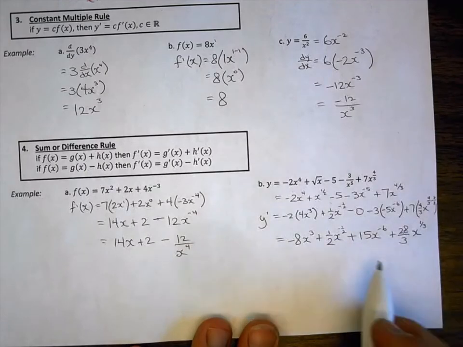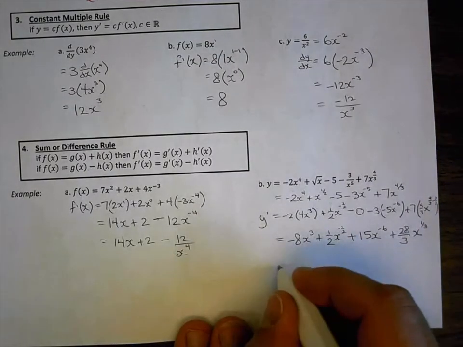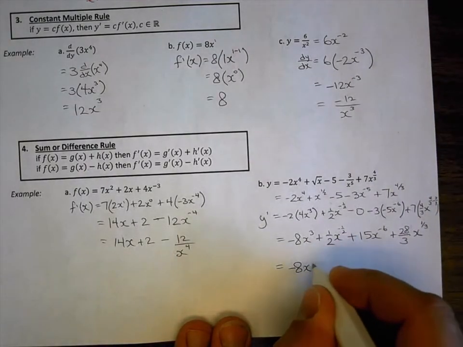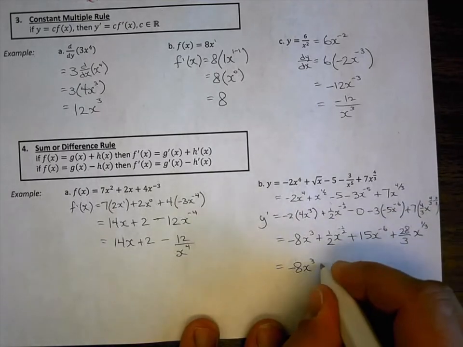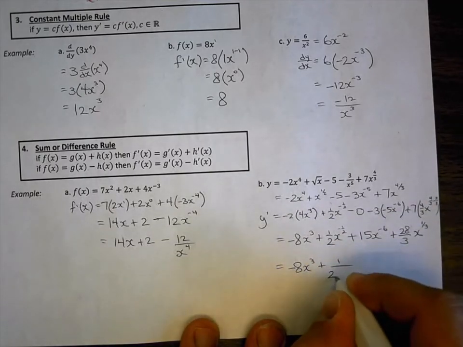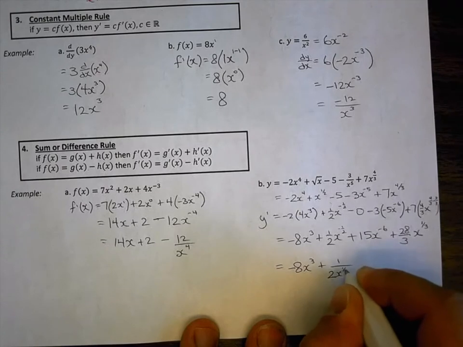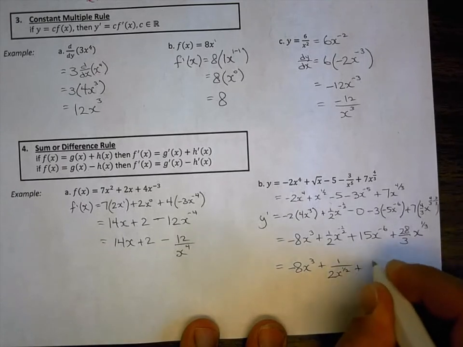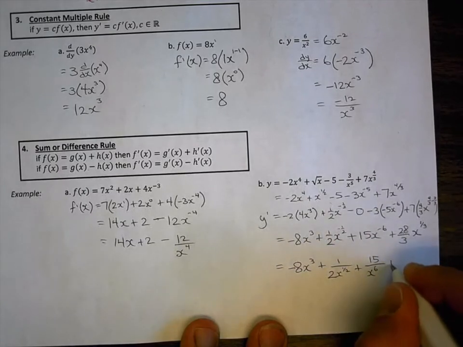We're almost done. I just want to get rid of the negative exponents. So my final answer is negative 8x cubed plus 1 over 2 x to the half plus 15 over x to the 6 plus 28 over 3 x to the third.